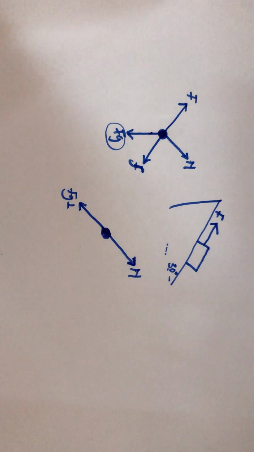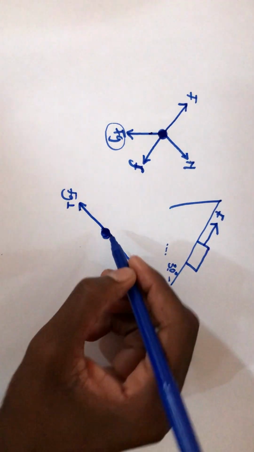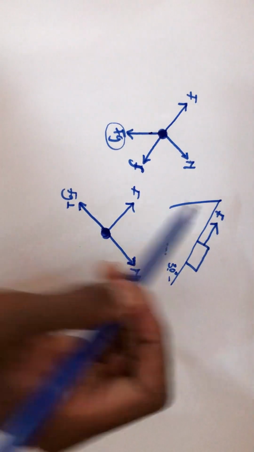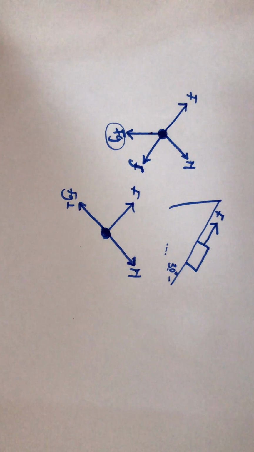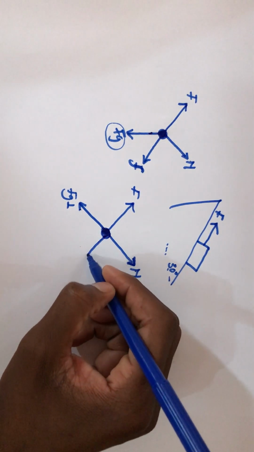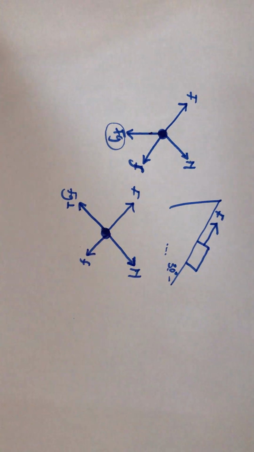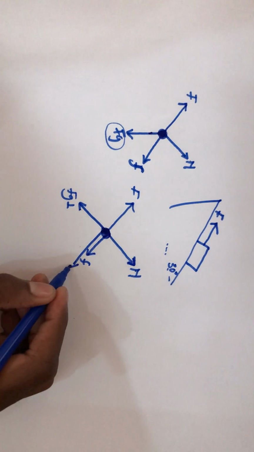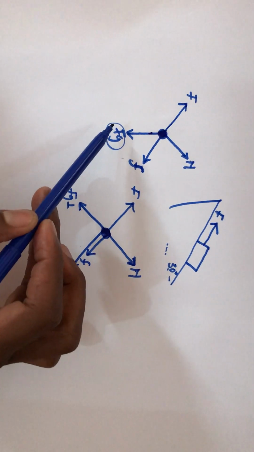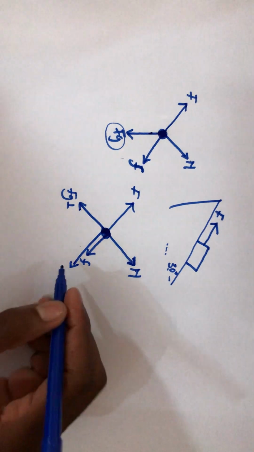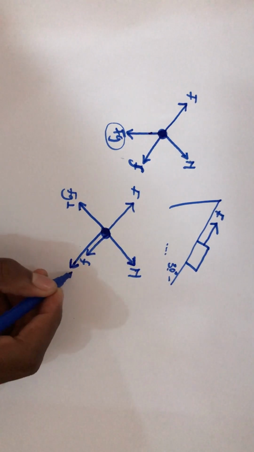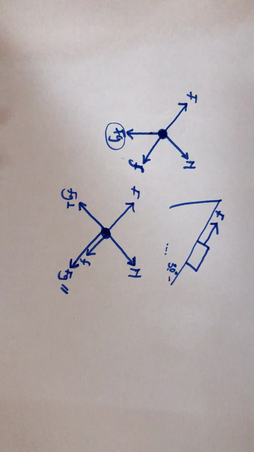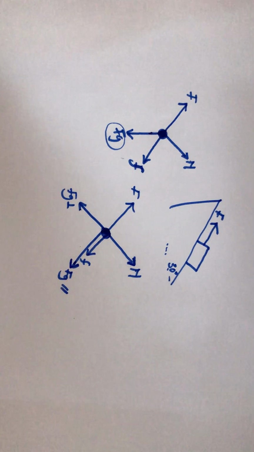It always goes with normal force. Then we have F, the force acting up the incline, and the frictional force. Fg has the perpendicular component, Fg perpendicular, and Fg parallel. The parallel one always acts parallel to the surface, and the perpendicular one always acts perpendicular to the surface.